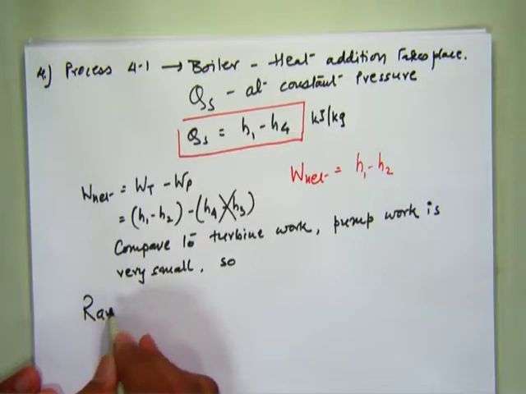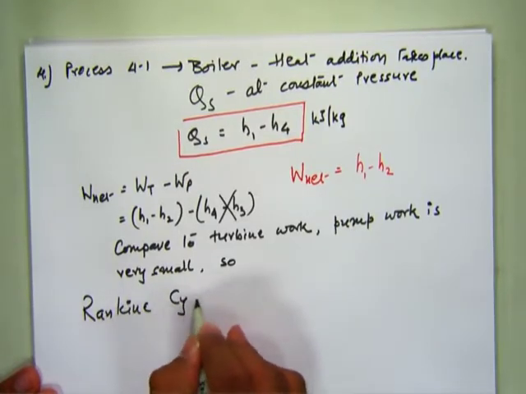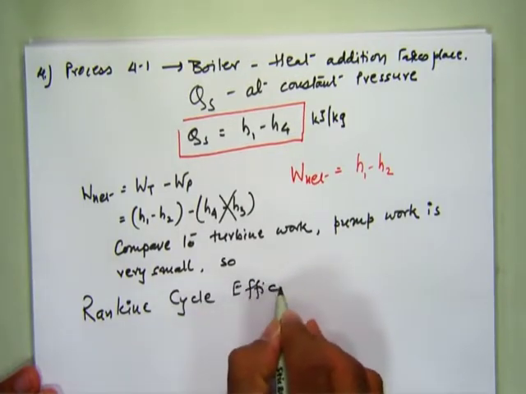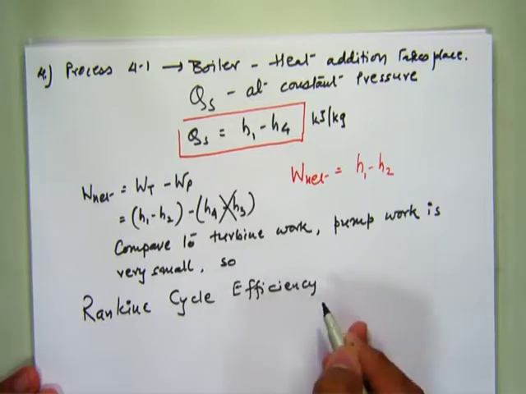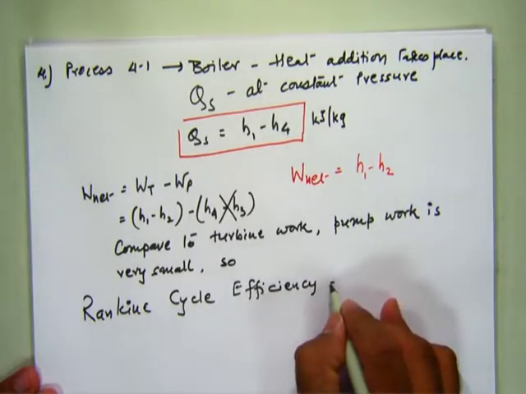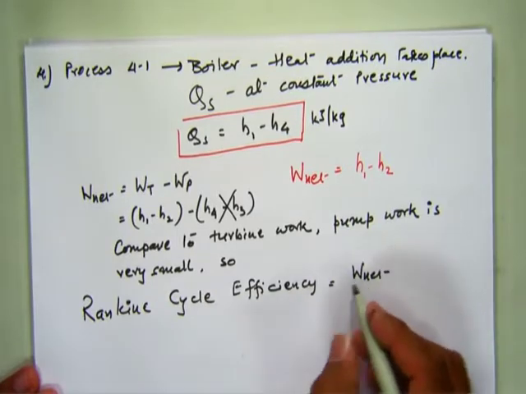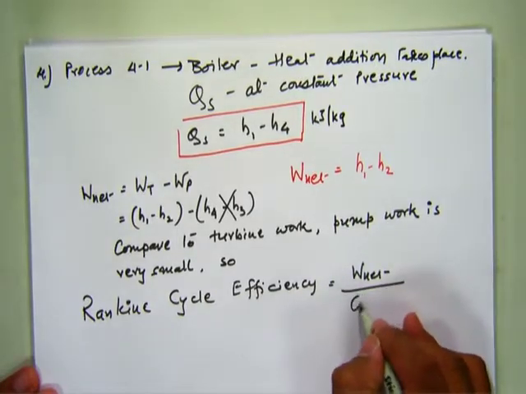So Rankine cycle efficiency is equal to net work upon heat supplied.